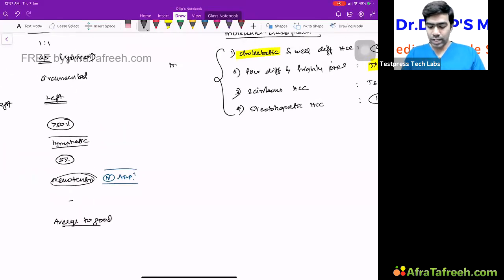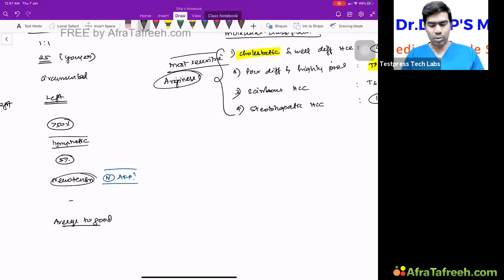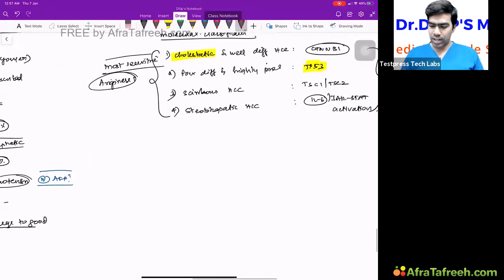And if they ask you the most sensitive marker for HCC with any level of differentiation, it is arginase 1. Arginase 1 is supposed to be the most sensitive marker for HCC of any level of differentiation, basically. So glypican 3 is very important for poorly differentiated tumors.